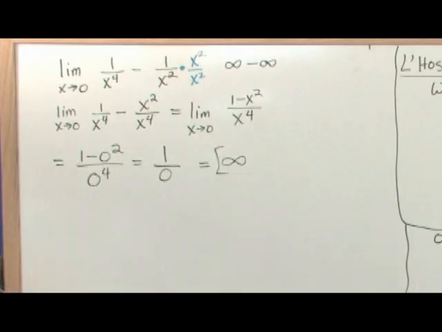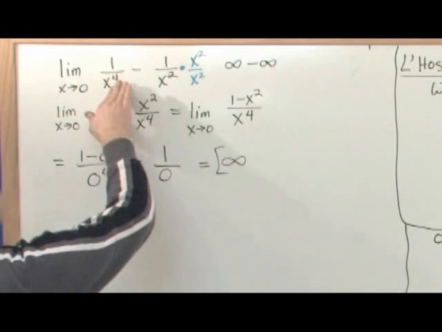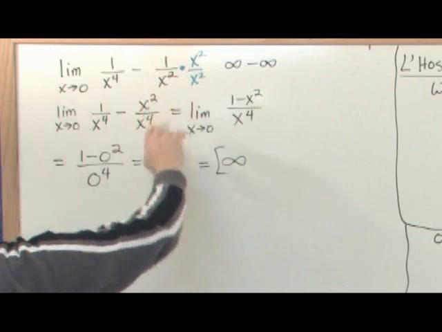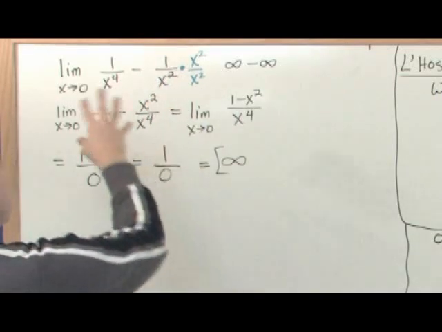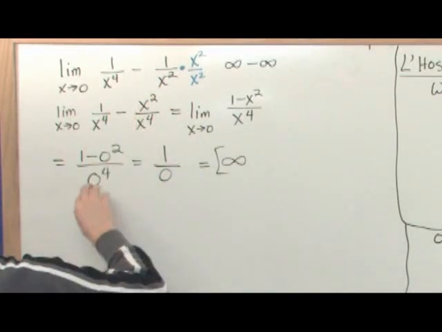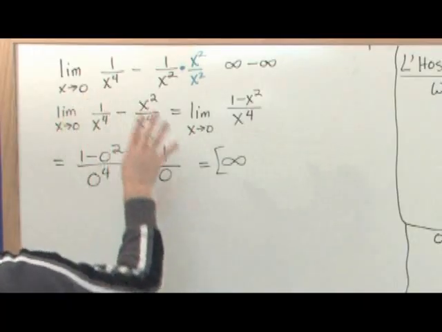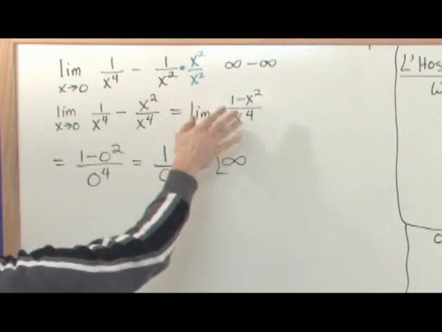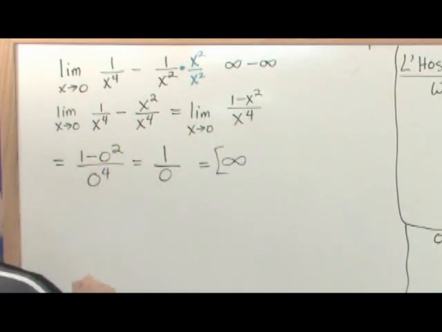So this time we really didn't have to do L'Hopital's rule. We didn't have to actually take derivatives of anything. What happened was you had a function that went to infinity and another function that went to infinity, and when you combine them together into one fraction, you were able to find that as a sum total, the thing also went off to infinity, and you found that out because when you combined them, you were no longer in an indeterminate form.